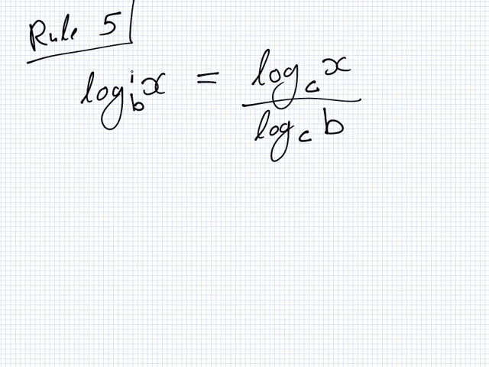So if you want to switch from a b to something else like a c, this is the price you pay for doing that. Now, there's still one more rule next, but it's kind of an easy rule.